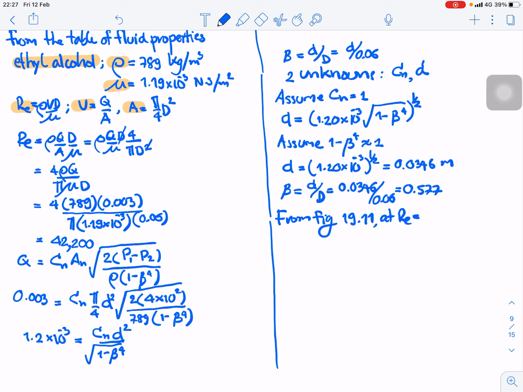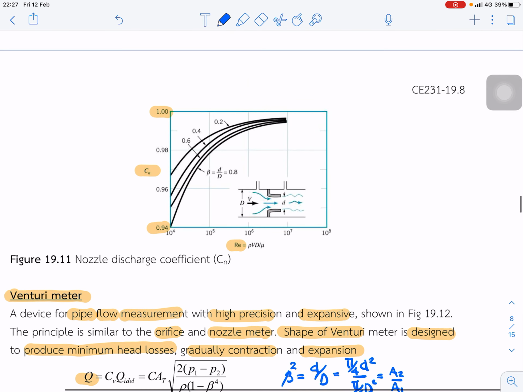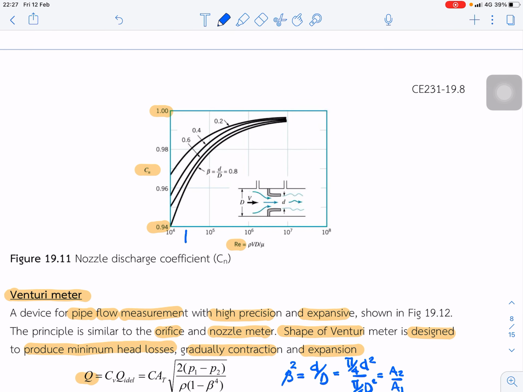The Reynolds number is equal to 42,000, so that is above this figure. That is about this point, 4.2, and for beta about 0.6.